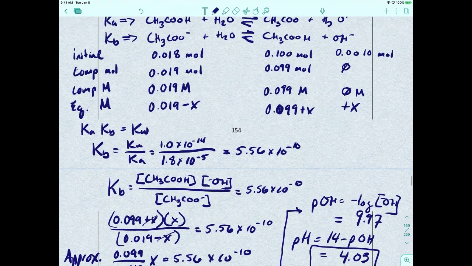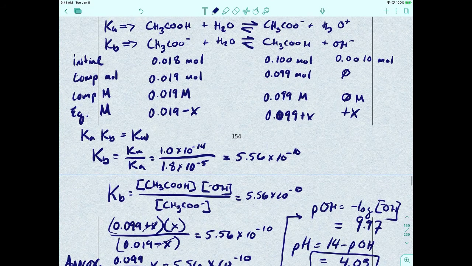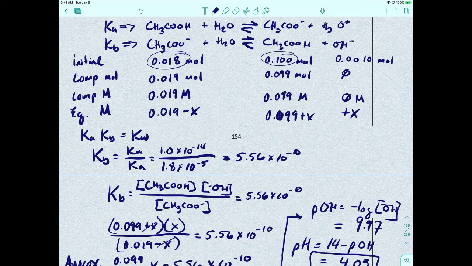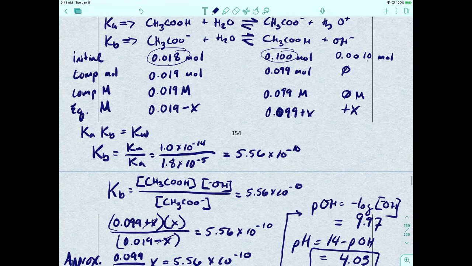Let's go back up here. So initially, we had 0.018 moles of the acetate ion and 0.1 moles of acid. And we're adding 0.001 moles to the base, and we're taking it away from the acid. So we end up with these values.